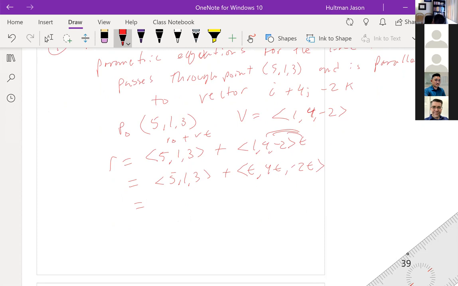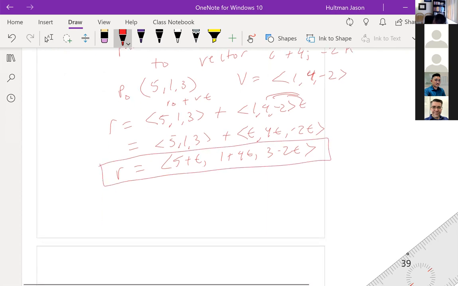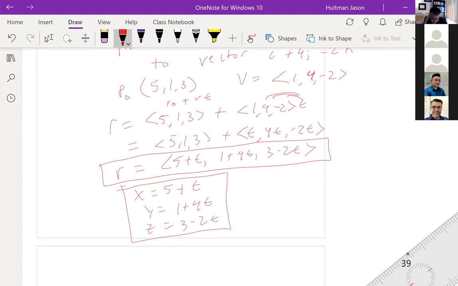So this is equal to 5 plus t, 1 plus 4t, and 3 minus 2t. So this is my vector equation of the line. The parametric form of this is x equals 5 plus t, y equals 1 plus 4t, and z equals 3 minus 2t. That's the parametric form of the line. That's it. I'm done with that one.